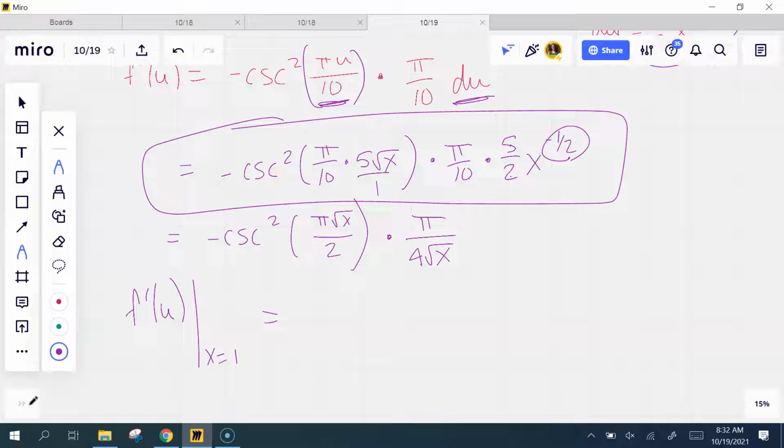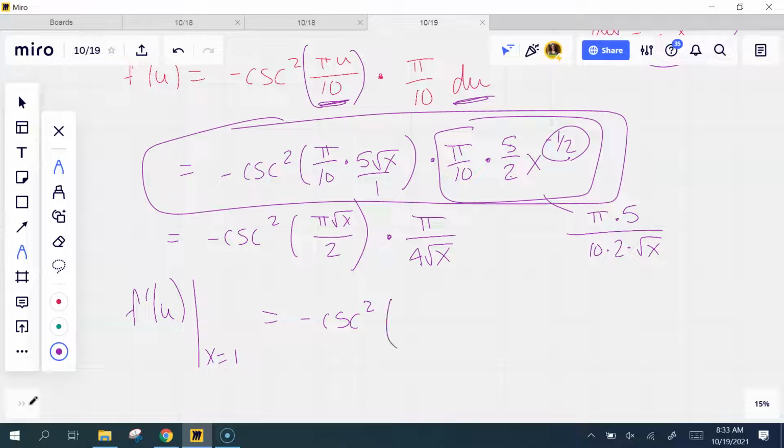So this is really pi times 5 over 10 times 2 times the square root of x. I'm going to plug in that 1. So I've got negative cosecant squared times, and if I put in 1, then I'm at pi over 2.